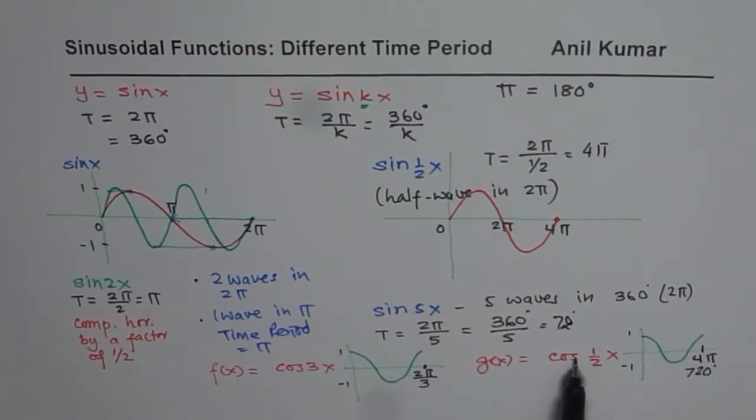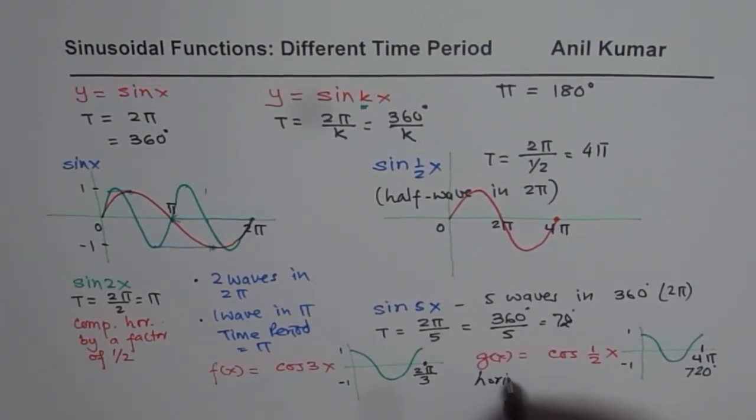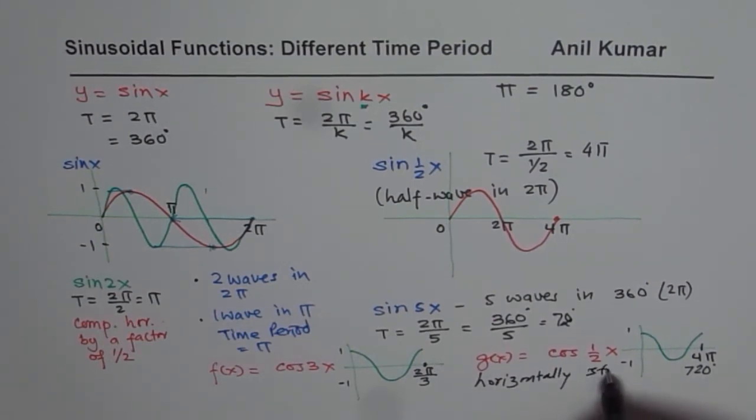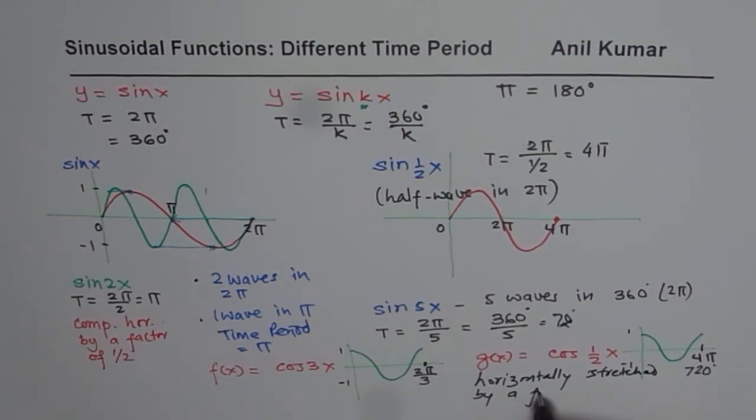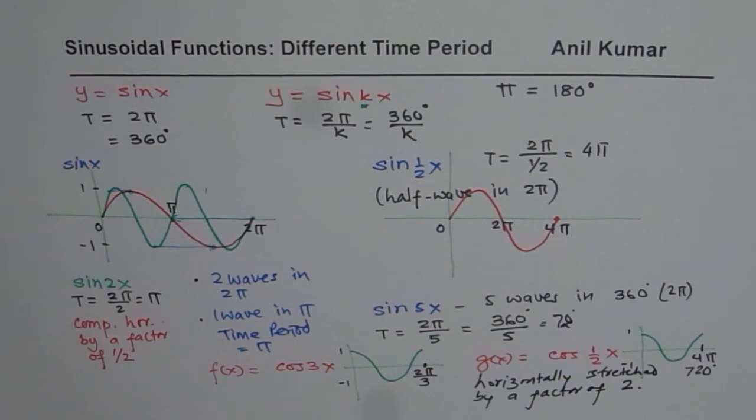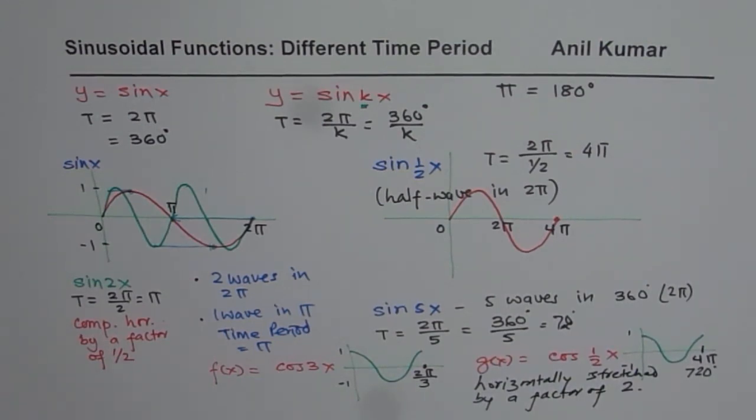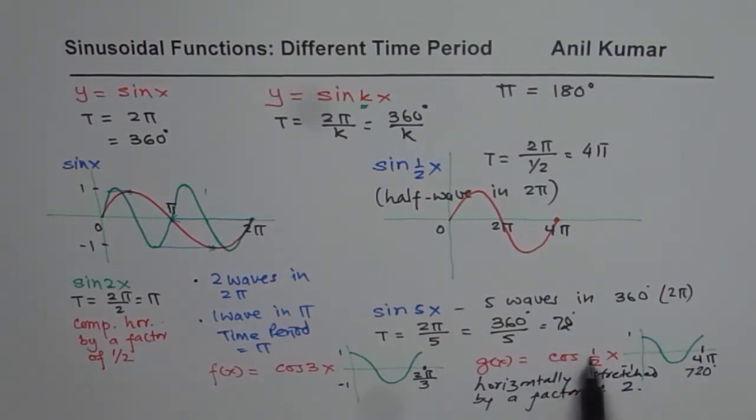It is horizontally stretched. We will say this is horizontally stretched by a factor of 2. Do you see that? Twice. So the time period will not be 2 pi or 360, but twice 2 pi or twice 360 for cos of half x.